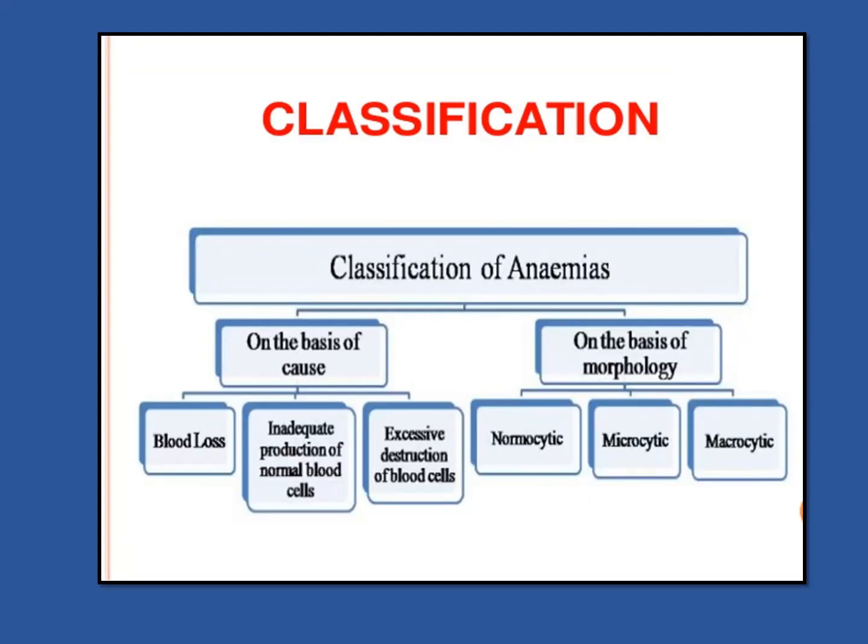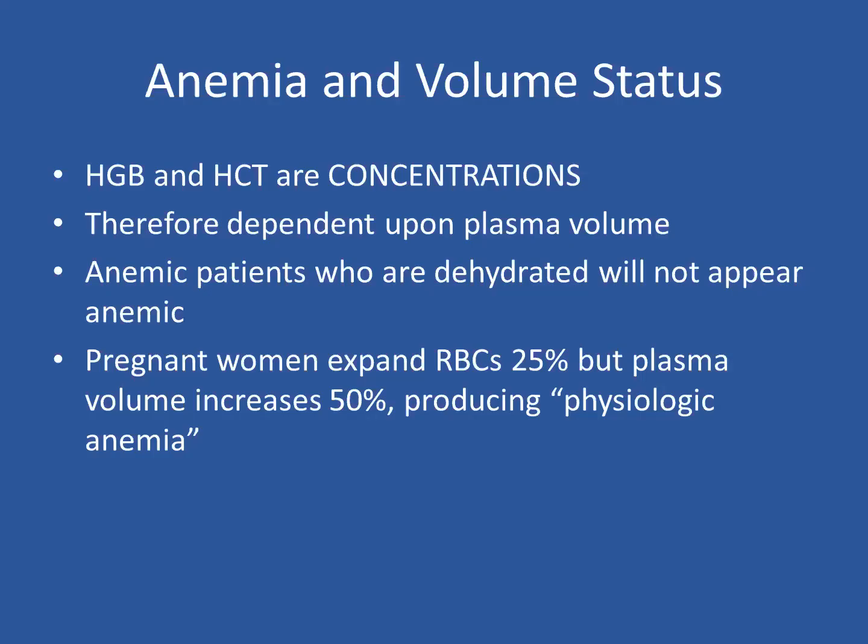On the basis of cause, anemia can be classified as blood loss, inadequate production of normal cells, or excessive destruction of blood cells. We are going to be discussing this later, but mainly on the basis of morphology, it's normocytic, microcytic, and macrocytic. So this is your main classification. We're going to go into that.